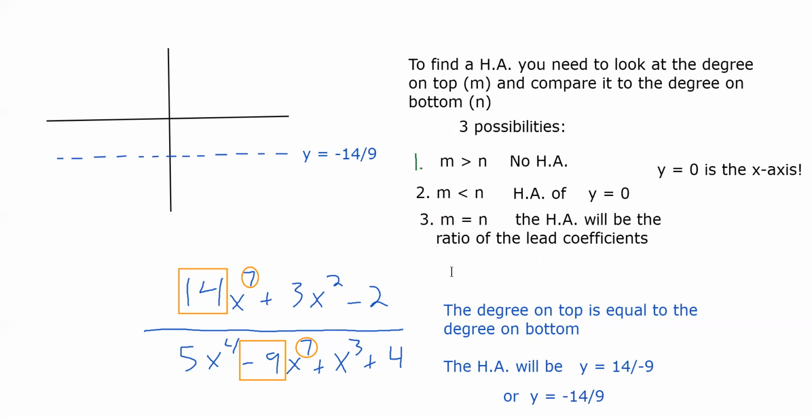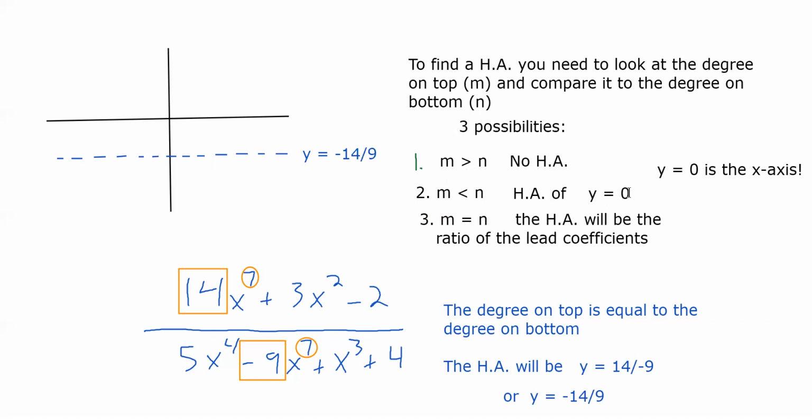Now, I attempted to explain a little bit why it makes sense. This first one, the degree on top is larger than the degree on bottom. The entire rational is just blowing up too quickly. Here, the bottom is blowing up faster than the top, so that's going to control it.